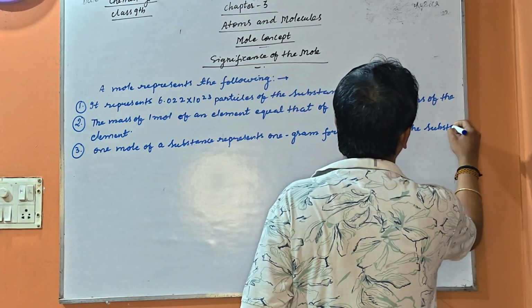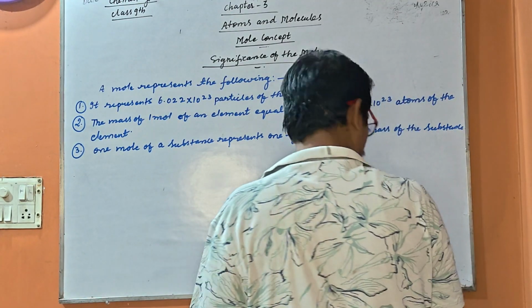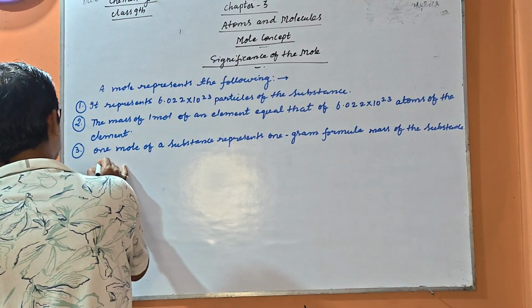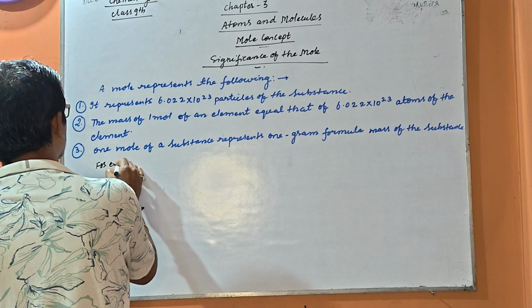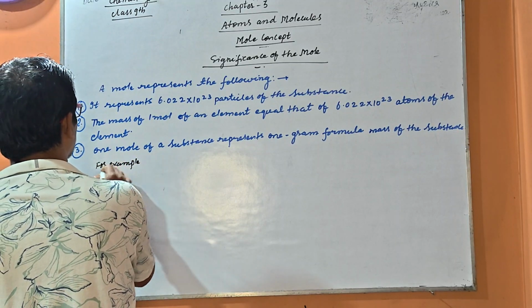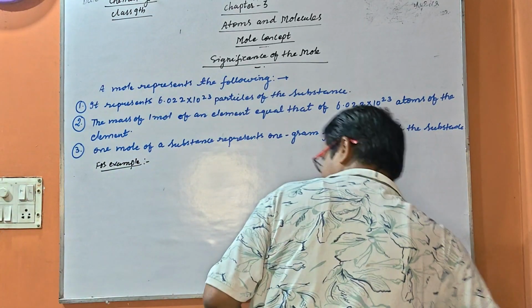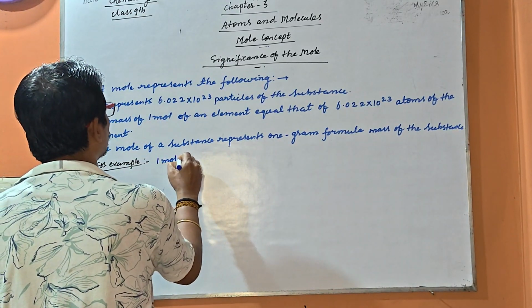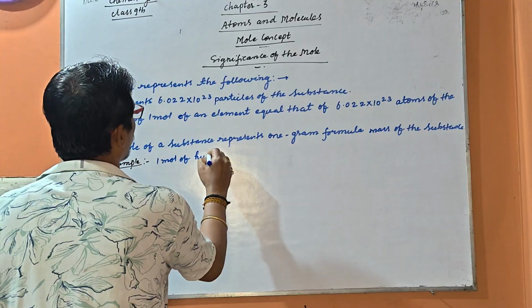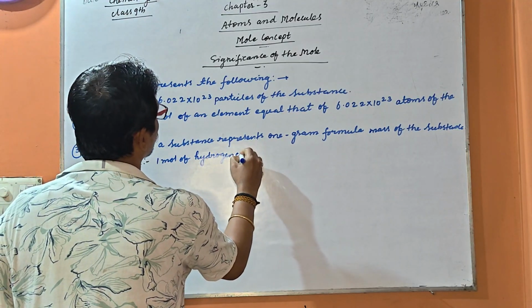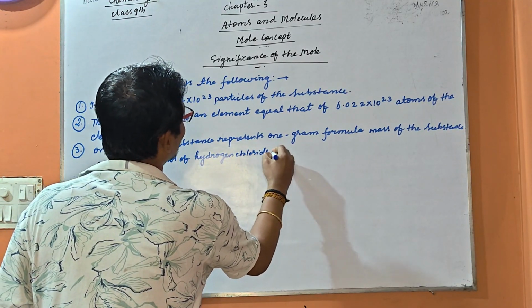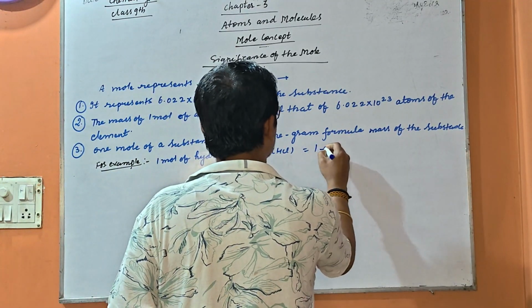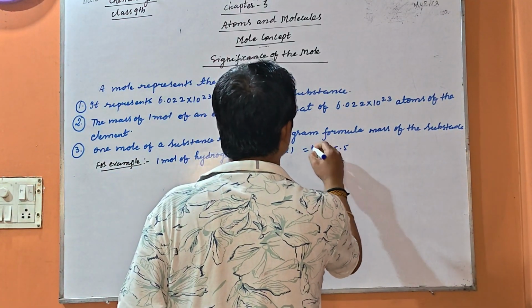Let us take an example of how to define 1 gram mole of a substance. For example, 1 mole of hydrogen chloride, that is HCl, is equal to 1 plus 35.5 gram.